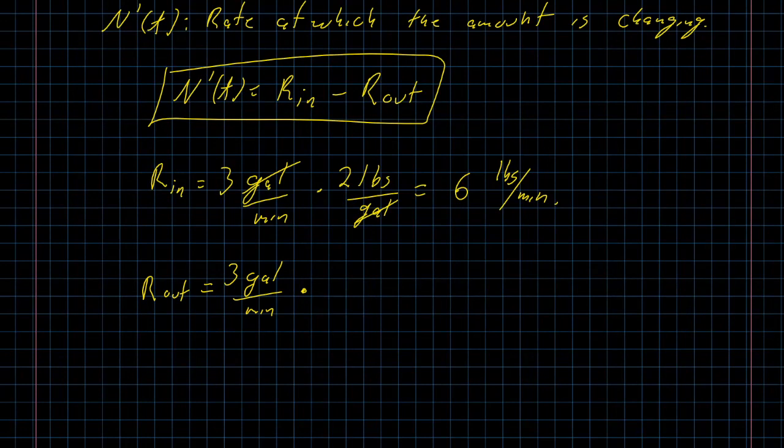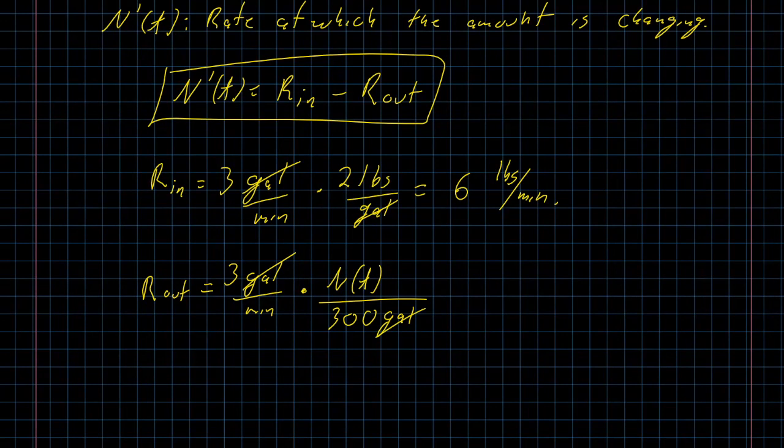Well, we know that the amount of salt is N of t, which, based on the units we've been using for everything else, should be measured in pounds. We want pounds per gallon. So if we take the number of pounds and divide by the number of gallons in the tank, which remember was 300, then that's the concentration of salt in the water in the tank. And again, since N is going to be a function, it's not constant. The concentration is also going to be not constant, but the units are still going to cancel out.